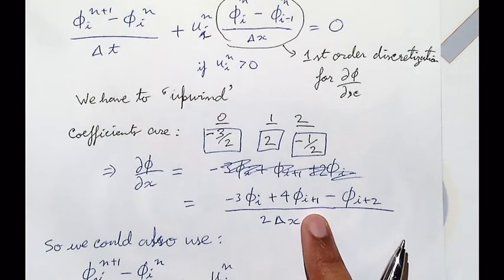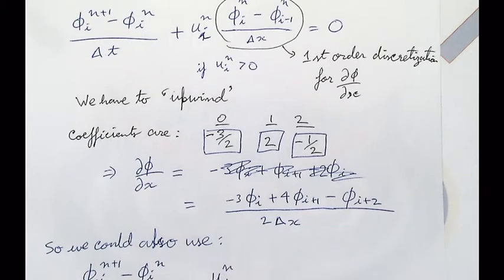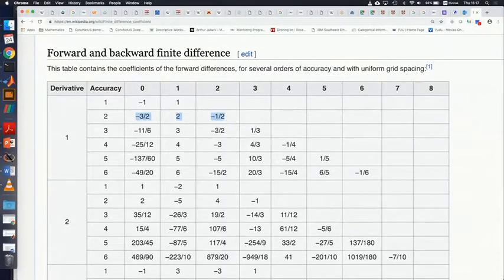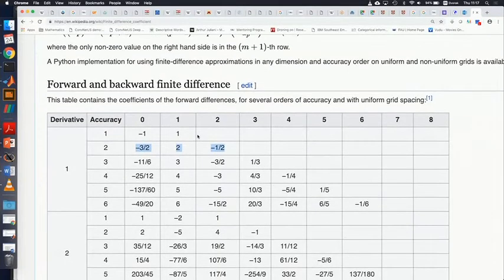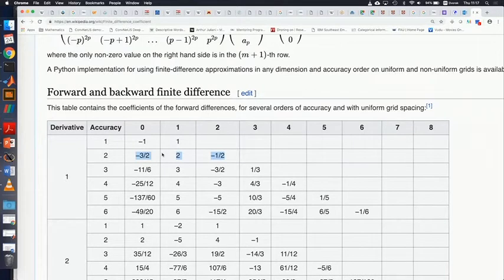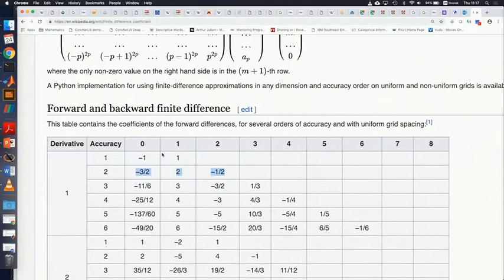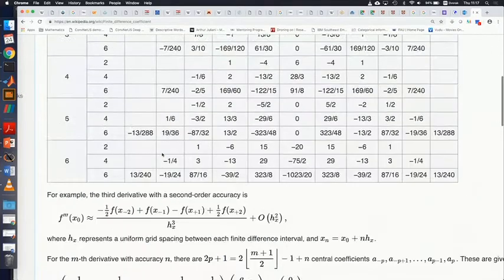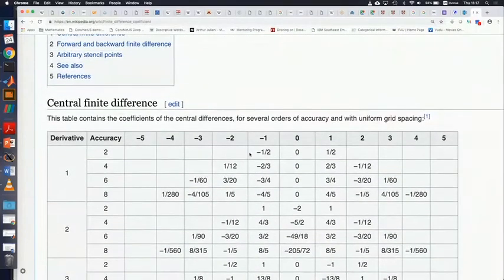You said the second term will have. Did I miss something out? Wait, let's go back to the table. Okay, let's go back to the center derivative and make sure what we're doing makes sense.